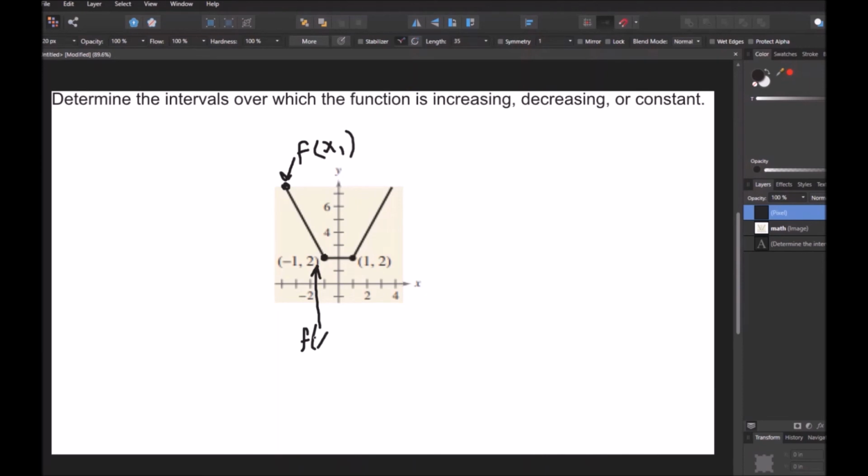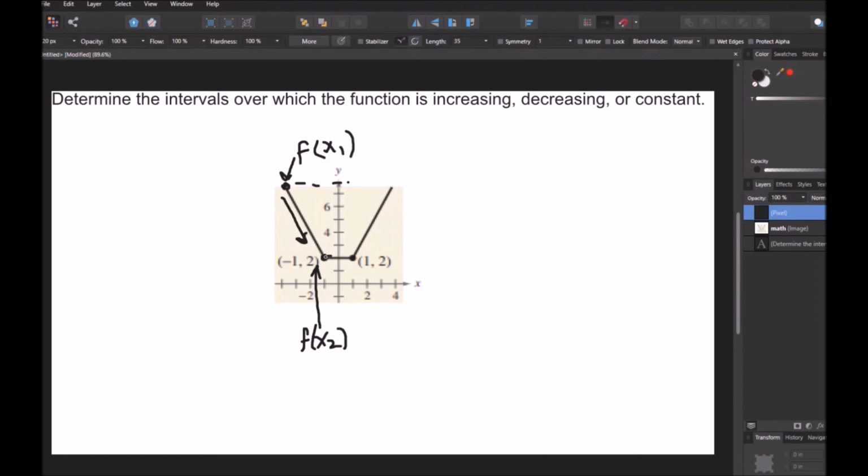And I can see that f of x2, if I draw the line over to where that f of x2 value would be, well, we know it's 2 because they give us that. So this is 2, and this is somewhere above 6. So my f of x2 is less than my f of x1. So it's actually decreasing on this interval.